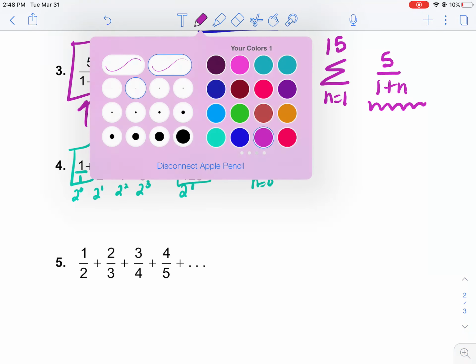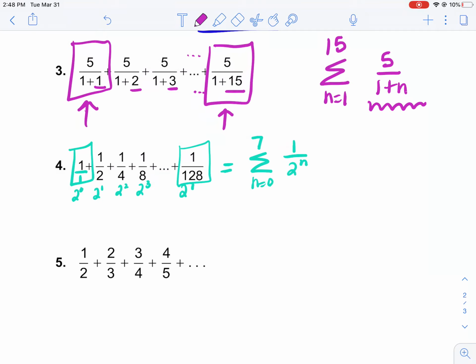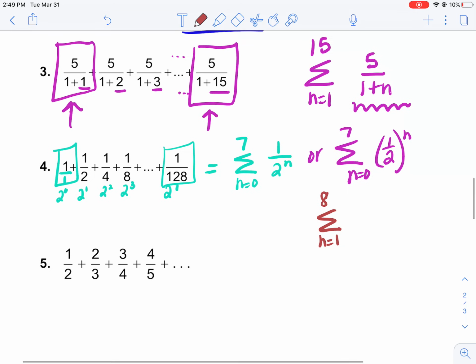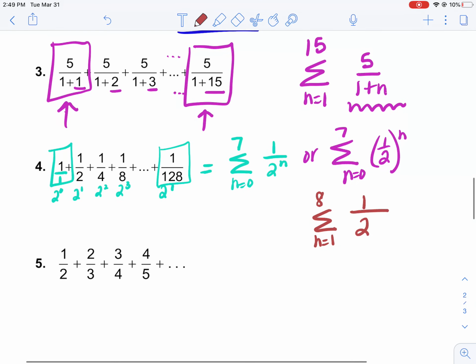The nice thing about these is, usually there are a lot of different ways to do this. Here's another way to do this. What if I started with n equals 0, all the way to 7, and my rule was 1/2 to the n power? That would also give me all of that. I could also do sigma notation, n equals 1 all the way to 8 of 1 over 2 to the n minus 1 power.